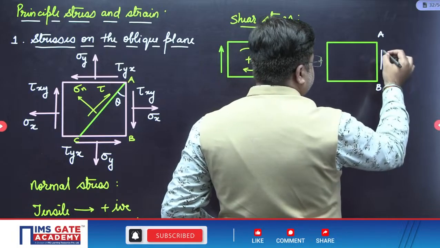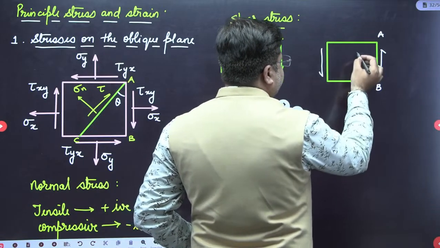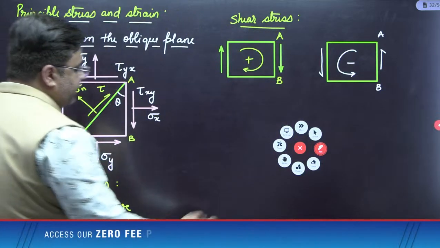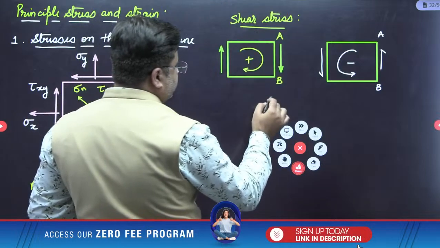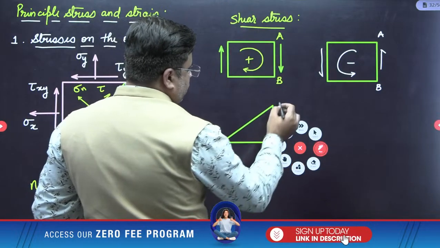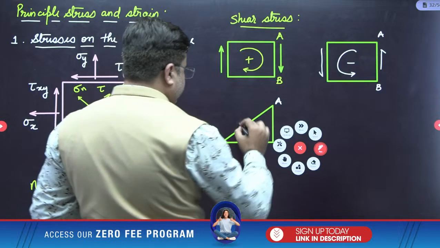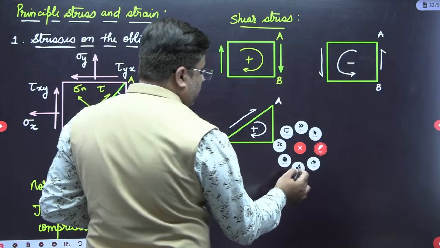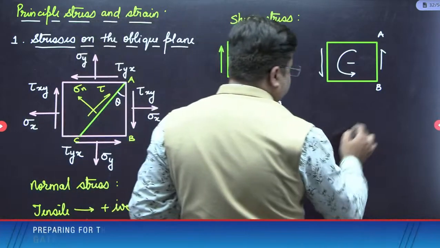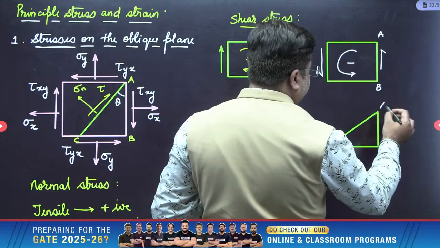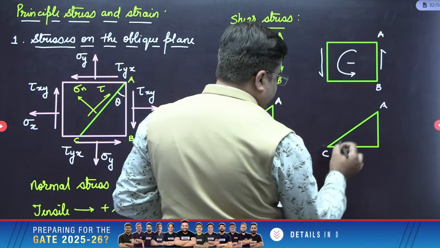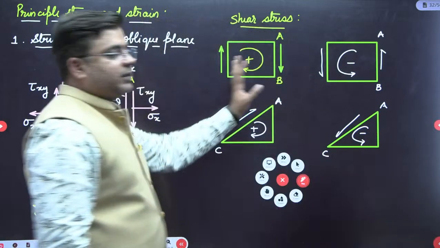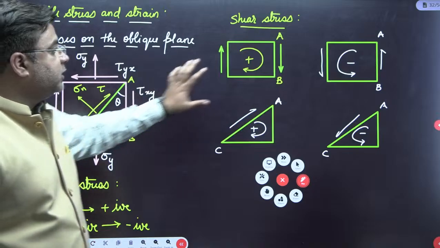Similarly, on this oblique plane AC, if the shear stress gives the clockwise sense of rotation, then it is taken as positive. But if it gives the anti-clockwise sense of rotation, then it is taken as negative. So these are the sign conventions that we use for normal stress and shear stress.